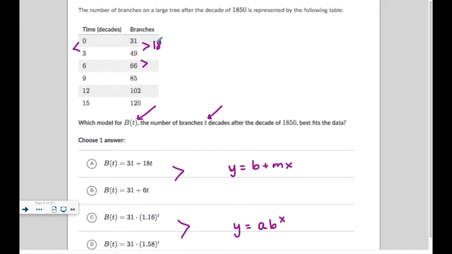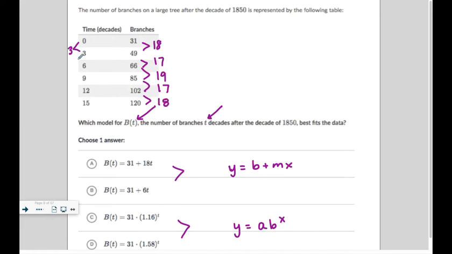I'm going to do 66 minus 49. That gives me 17. 85 minus 66 gives me 19. Okay. And then 102 minus 85 gives me 17. And 120 minus 102 gives me 18.